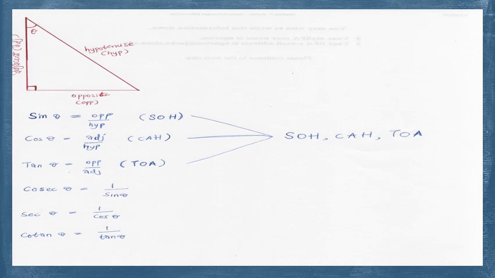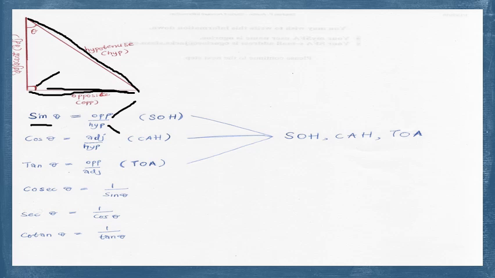So sine theta equals opposite, which is this side here, the side opposite the angle, over hypotenuse. Hypotenuse is this side here that faces the right angle.